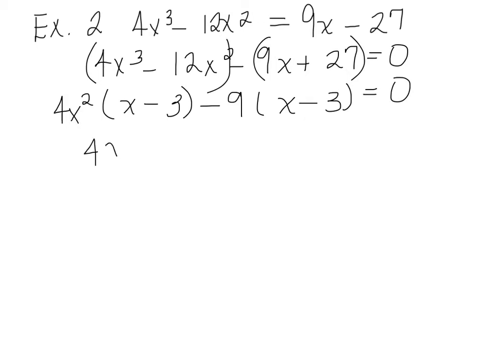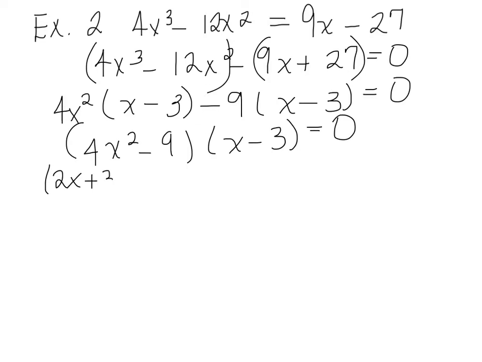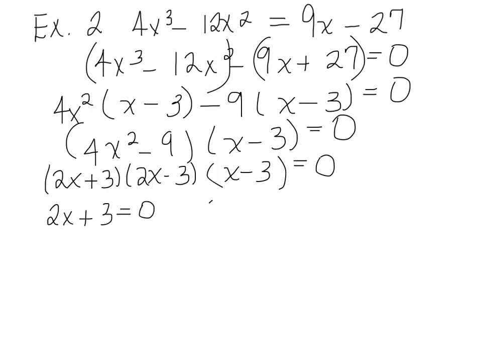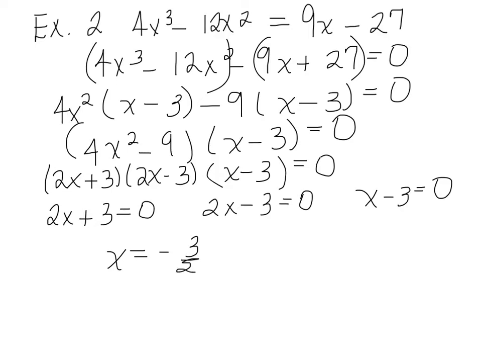So I have 4x squared minus 9, x minus 3. This one can go further. And then I'm going to set each one equal to 0. So I'm going to get x equals -3/2, +3/2, and 3.